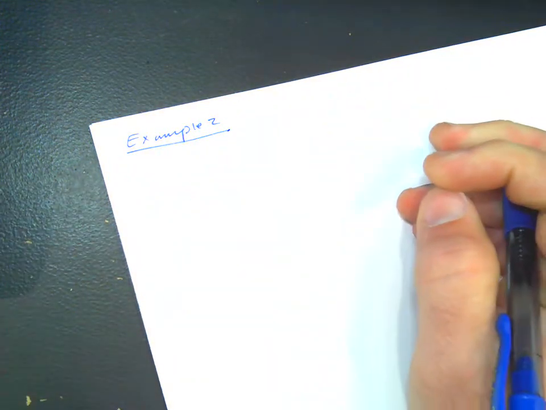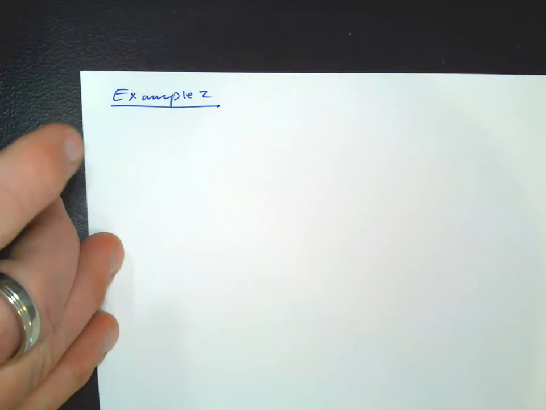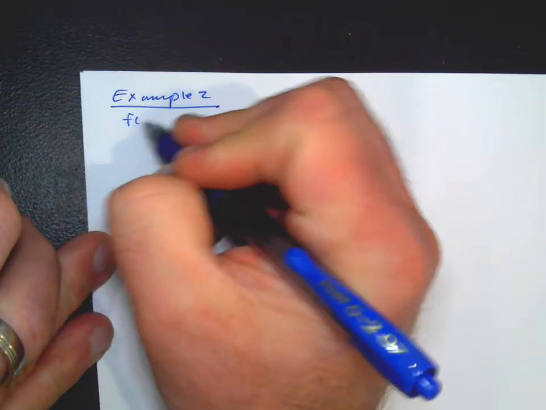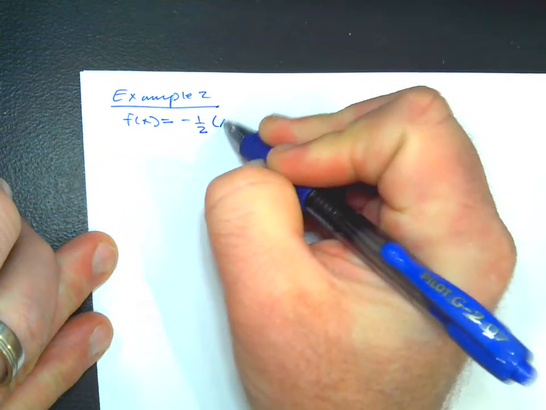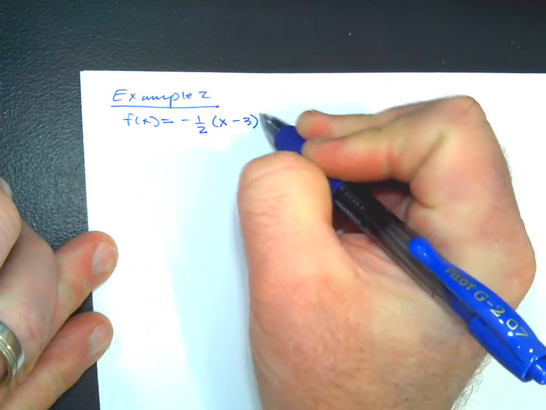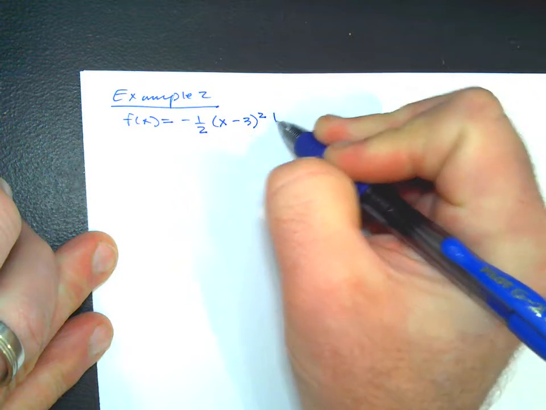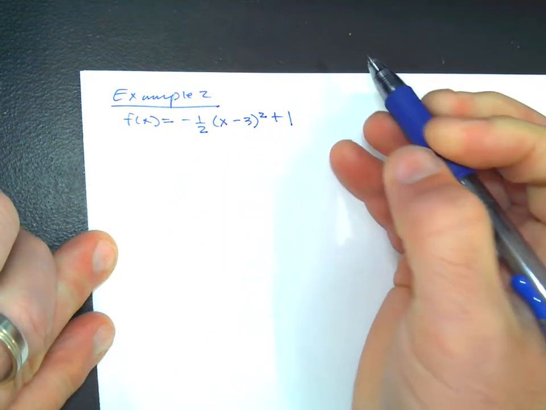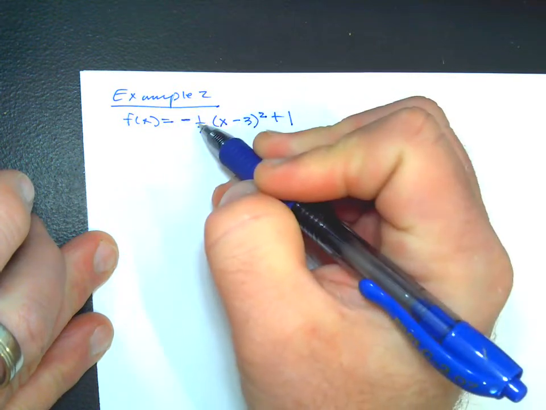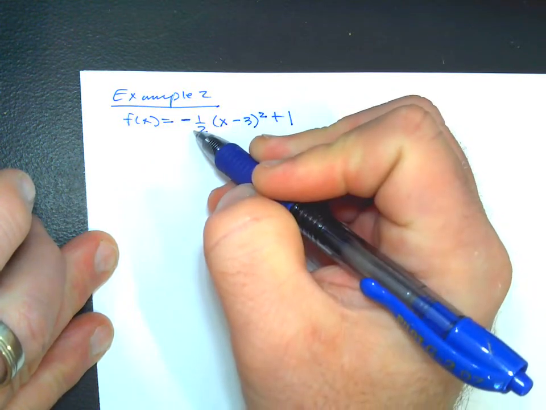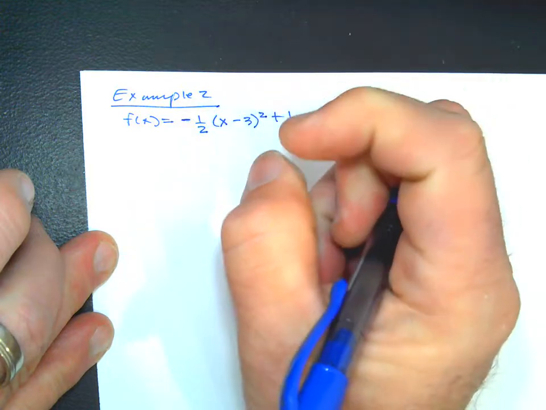But this one is going to be f(x) equals -1/2 (x minus 3) squared plus 1. So right away, you guys should be starting to recognize things. Oh, well, the negative in front, that's the a value, is going to make it go upside down. Reflect it. The 1/2 is going to shrink it.